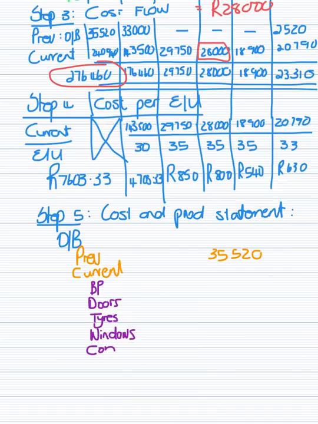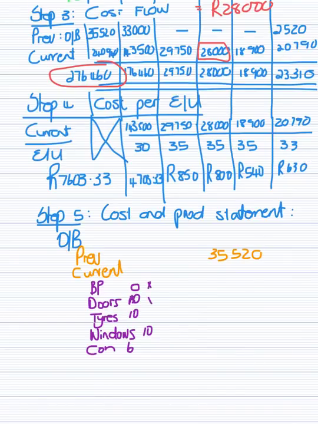Now we fetch the units from step 2 for opening work in process. It was 0 body parts, 10 cars got doors, 10 cars got tires, 10 cars got windows, and the equivalent of 6 cars was converted.